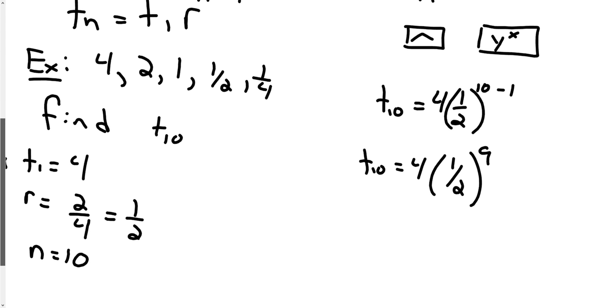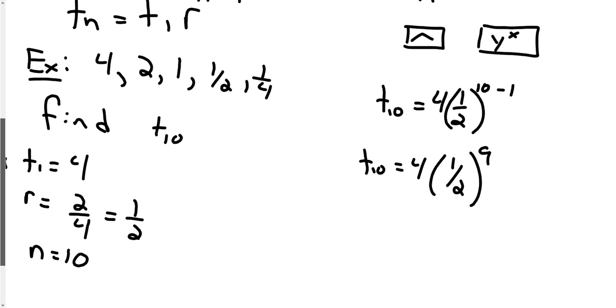So to do this, you go 1 divided by 2, which is just 0.5, to the power of 9. And then you times it by 4.